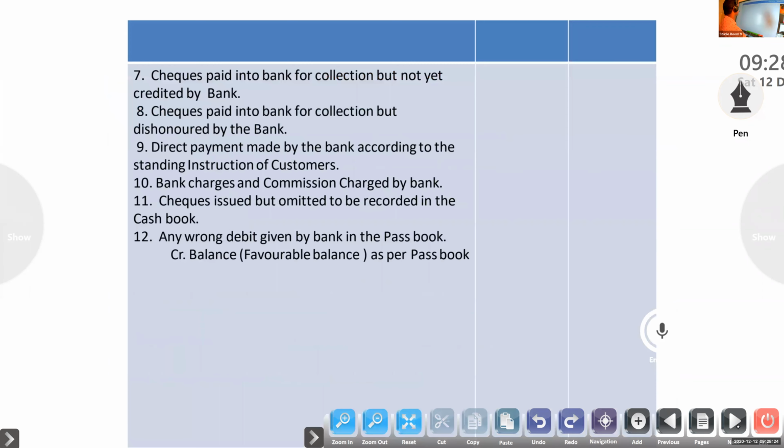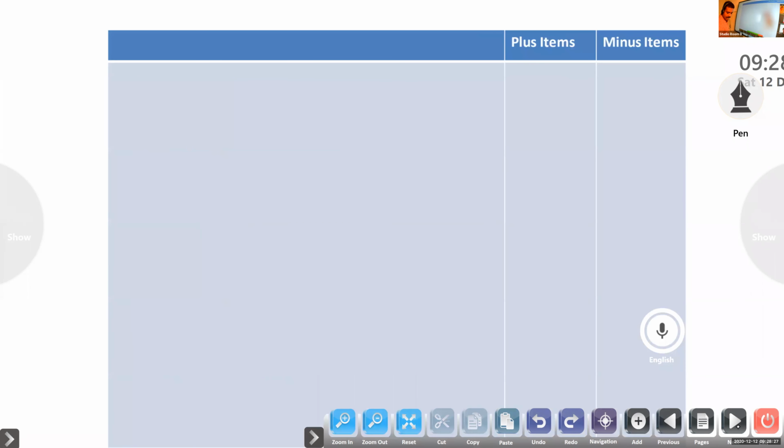Now we will start the problem. The 11th one: overdraft shown as per cash book. So overdraft balance only. So heading: bank reconciliation statement as on closing date, which you have taken as 31st December 2014 on the basis of your question.